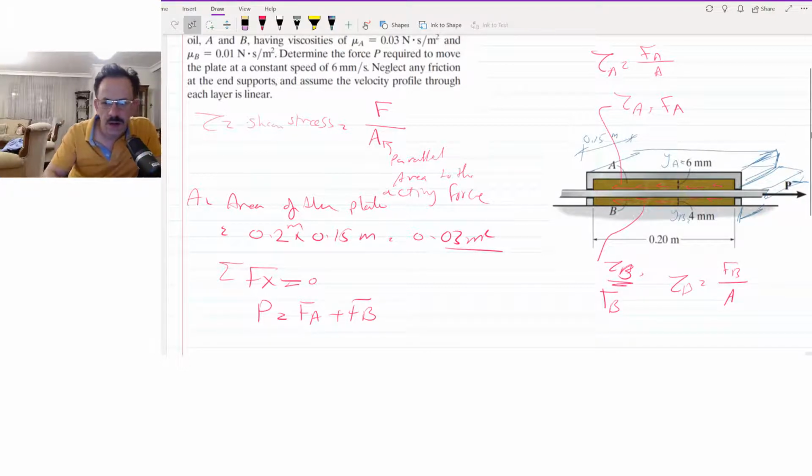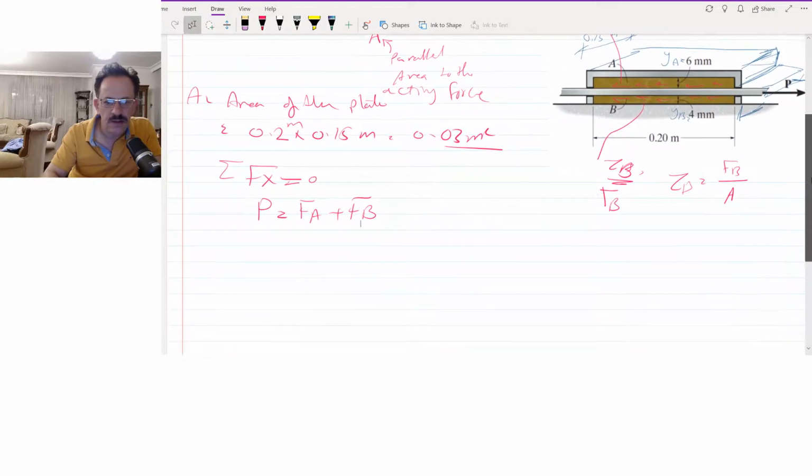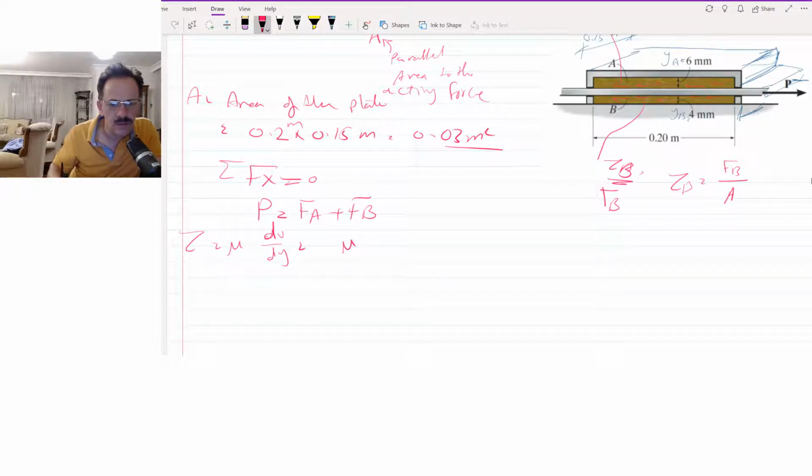Now how to find Fa and Fb? We have the viscosity, due to which tau at any point will equal the viscosity times du by dy, or the velocity divided by y.